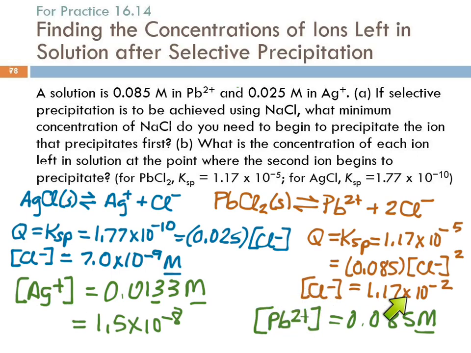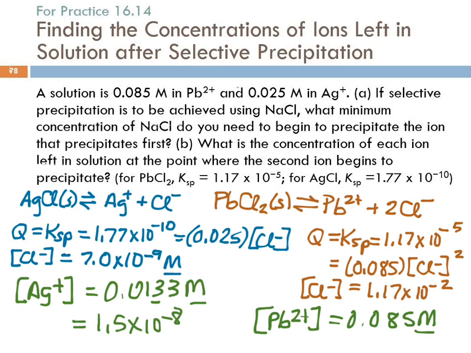So this chloride ion concentration, 1.17 times 10 to the minus 2, that is after some of the chloride that we've added has been precipitated out by the silver, right? So it's not there anymore.